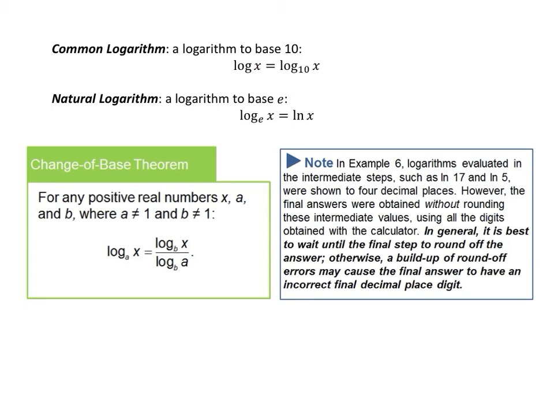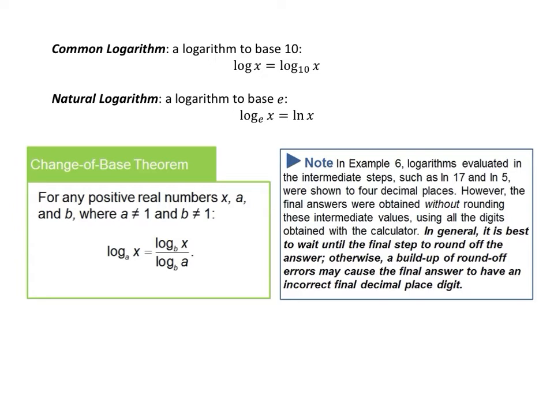So we have log of x, that means it's got to be base 10, or we have natural log of x, which means it's got to be base e. The issue is, if I'm dealing with things that are not base 10 or base e, what do I do? Well, we've got this change of base theorem, and you do have to have this theorem memorized.